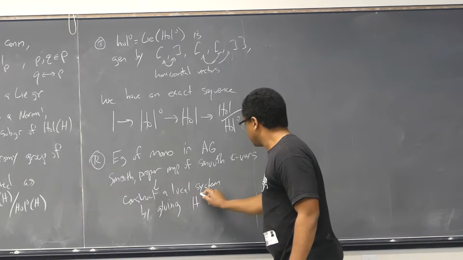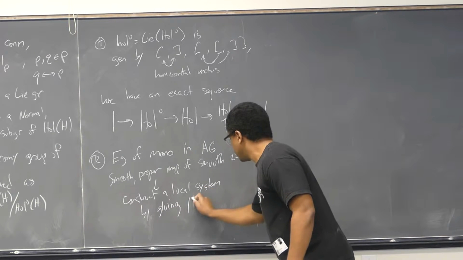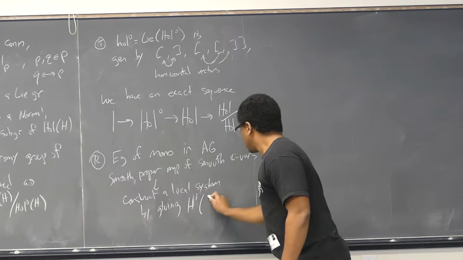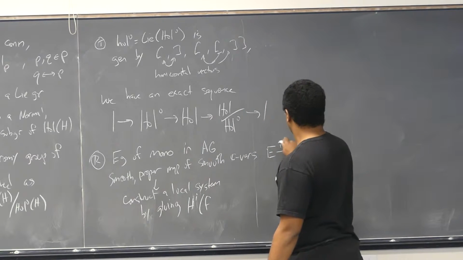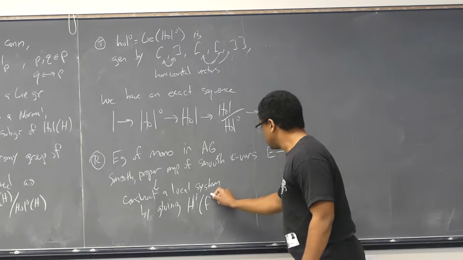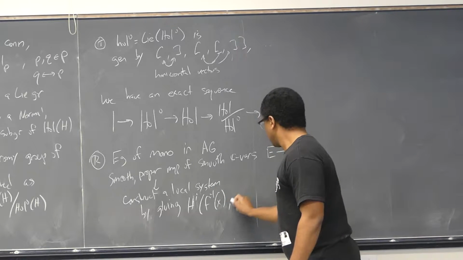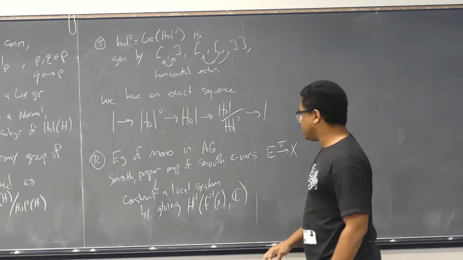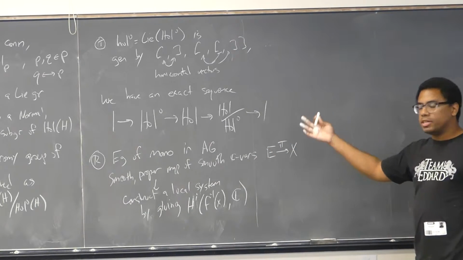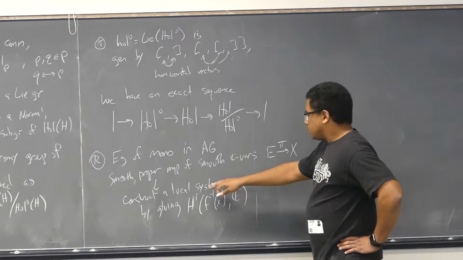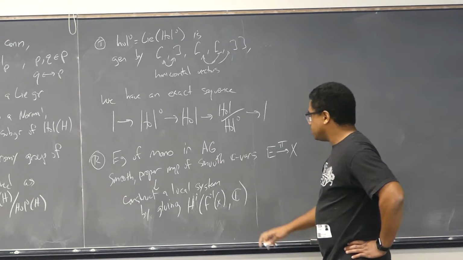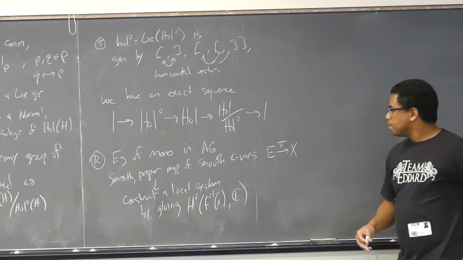So H^i of the fiber, with coefficients in C, and we get a finite dimensional local system of C vector spaces.